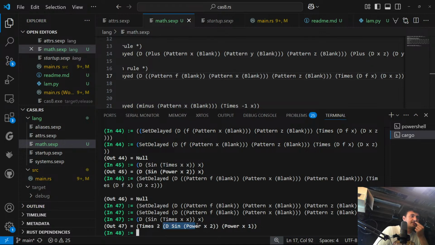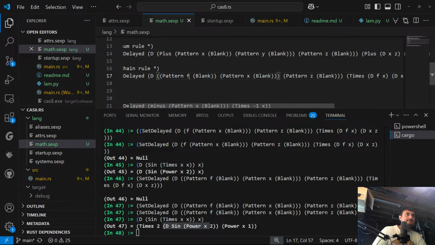Because this is totally malformed expression. Yeah, I wonder how they do that.